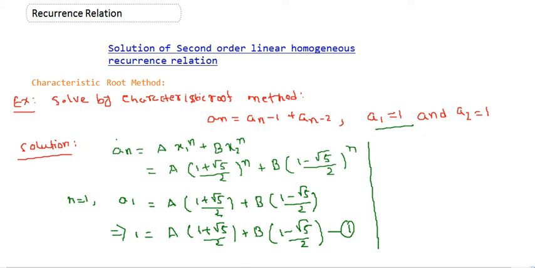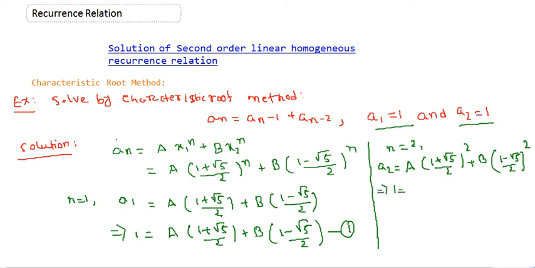So for n equals 2, what do we have? We have a2 equals a into ((1 plus root 5) by 2) whole square plus b into ((1 minus root 5) by 2) whole square. Now a2 is given, a2 is 1, so we just put 1 on the left. Now find the value of ((1 plus root 5) by 2) whole square.